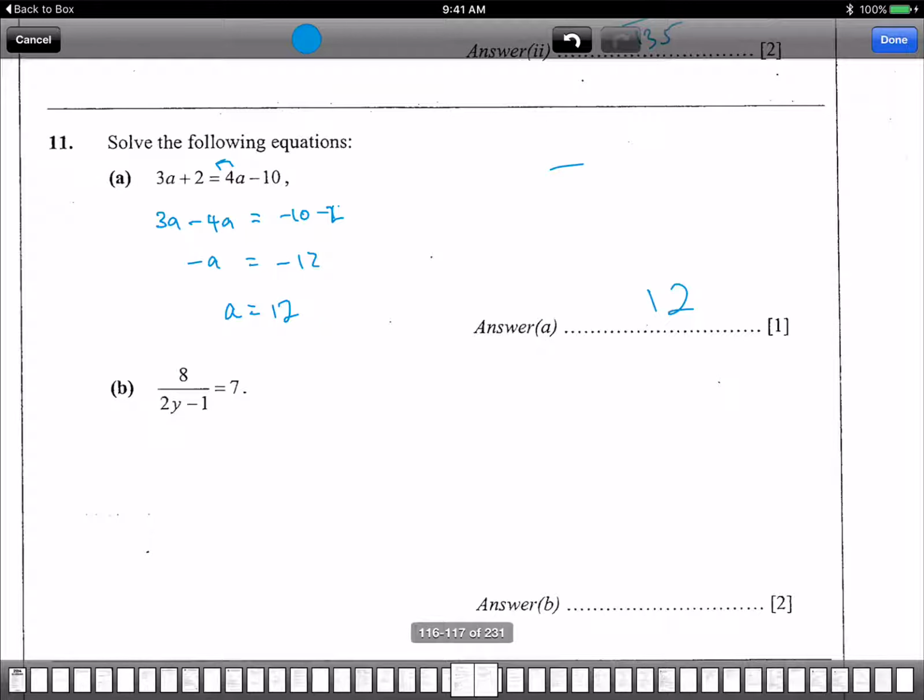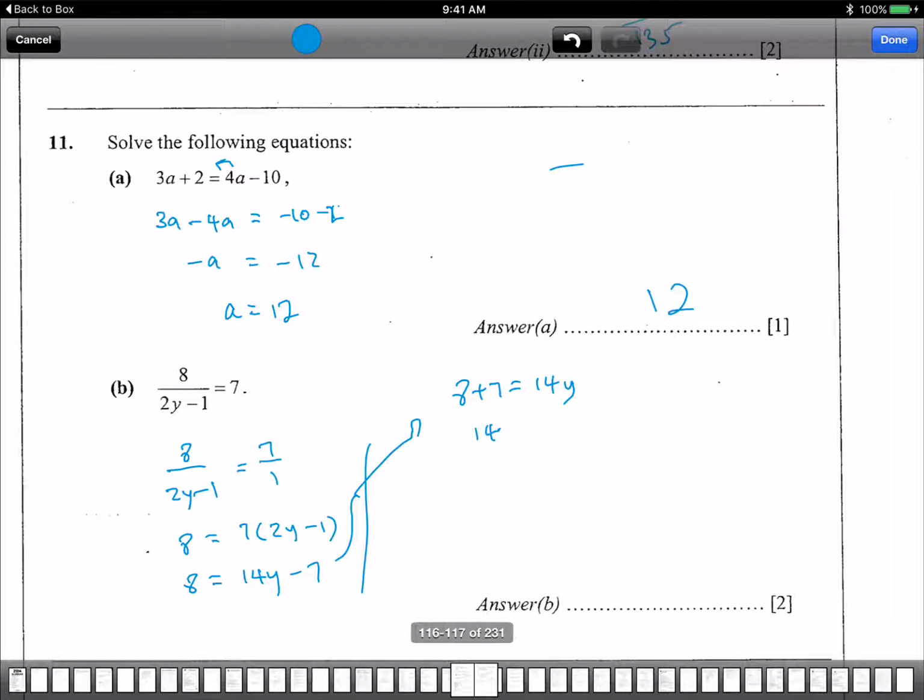Right? Okay, next one. 8/(2y minus 1) equals to 7/1. Okay, that's the first step, and then we cross multiply. So 8 equals to 7 times (2y minus 1) equals to 14y, take away 7, continue here. So 8 plus 7 equals to 14y.